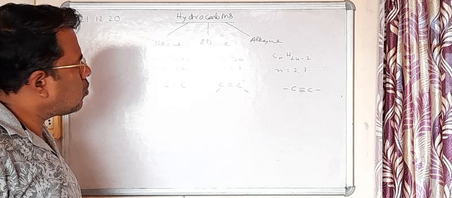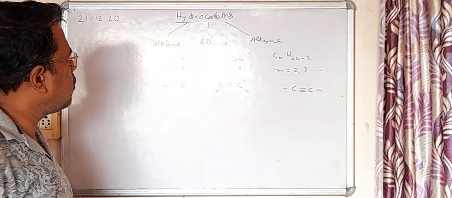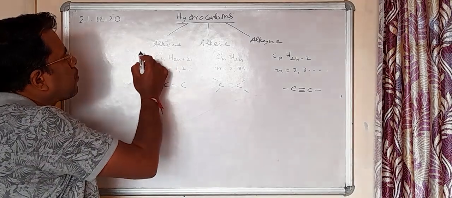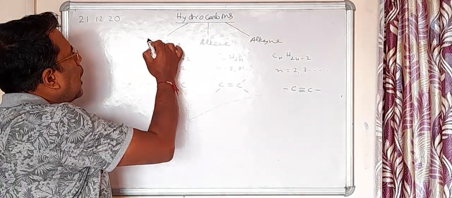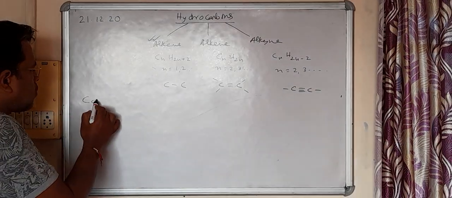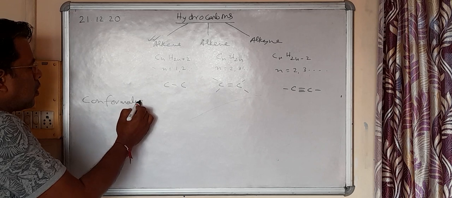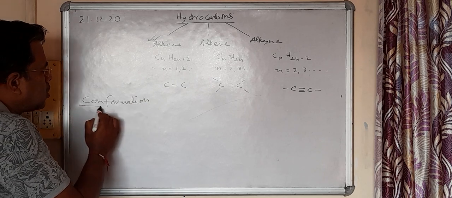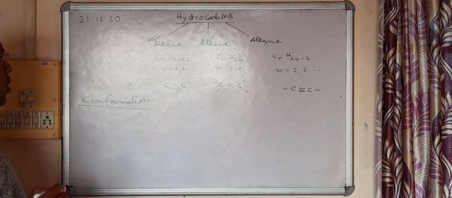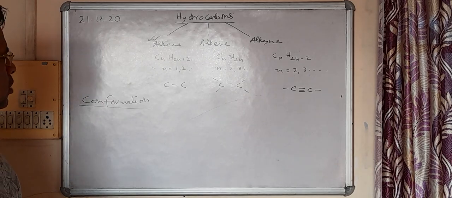So now today in this class, we are going to study a very important property of alkanes, that is conformation. So what is conformation? That we have to know first.